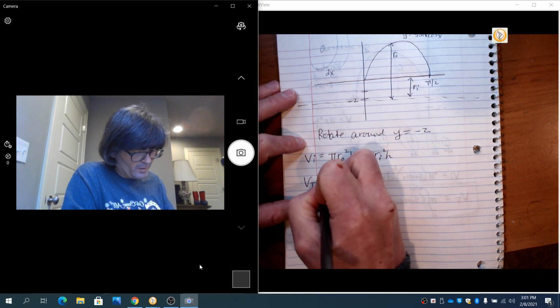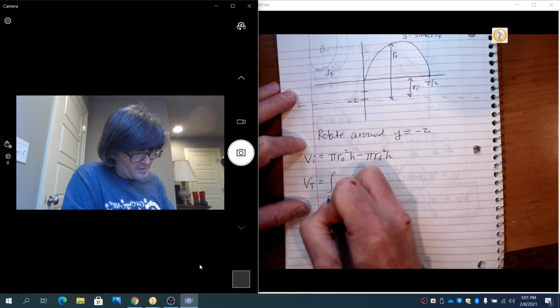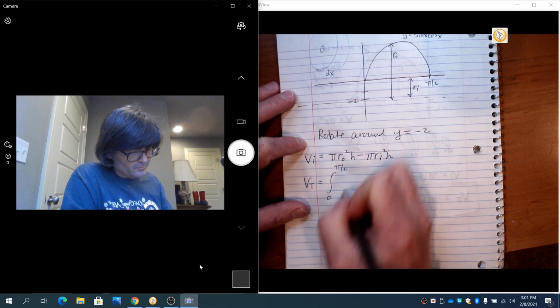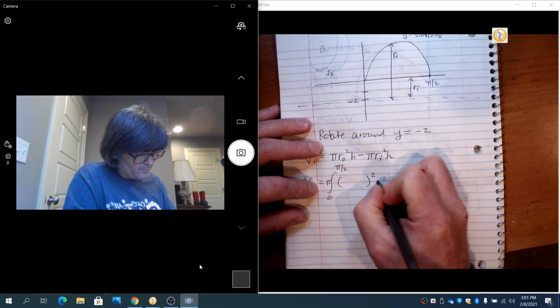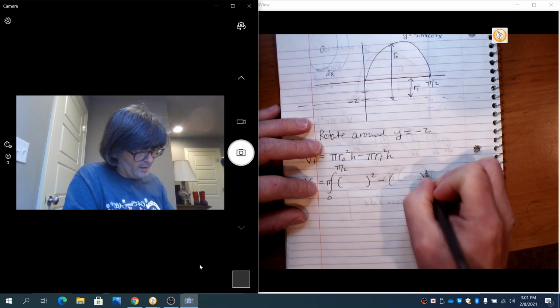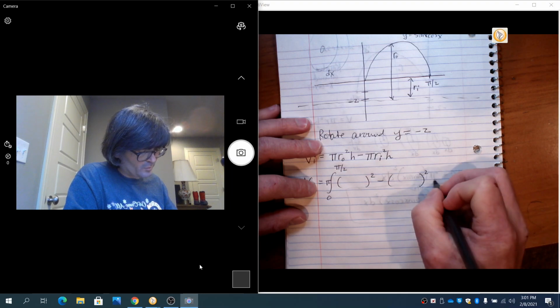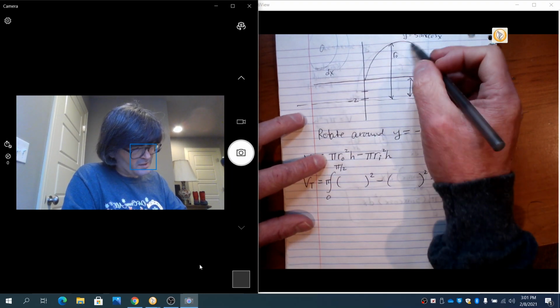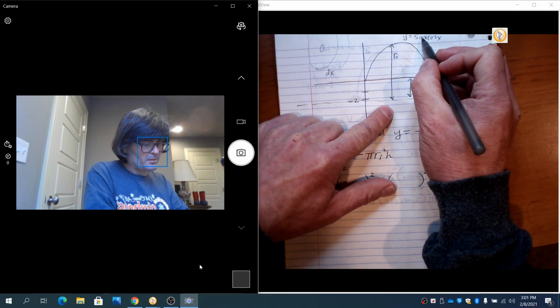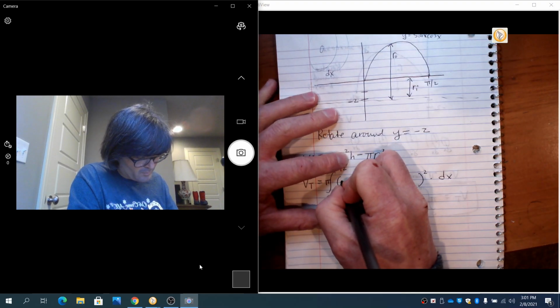The total volume here is going to be 0 to pi over 2 again, pi times outer radius squared minus the inner radius squared, all times dx. The outer radius is sine times cosine minus a -2.